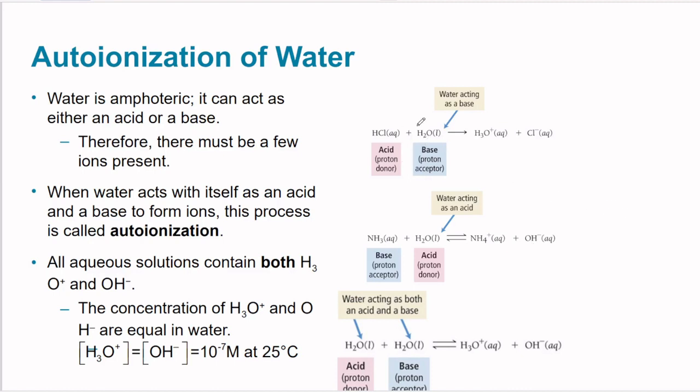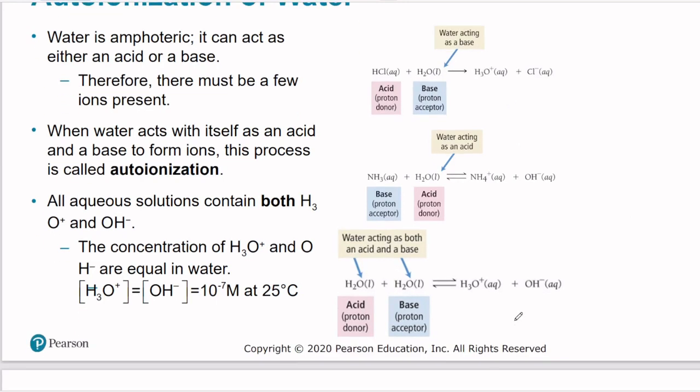So water can act as a base, remember, and an acid, remember, but if you have just pure water in solution, it wants to act as both an acid and a base, so it acts as an acid by donating a hydrogen and forming the conjugate base, hydroxide. It acts as a base by accepting a hydrogen and forming the conjugate acid, hydronium. And it does that in solution at 25 degrees C to a predictable amount, and the concentration of hydronium and hydroxide at room temperature is 10 to minus 7 molar.